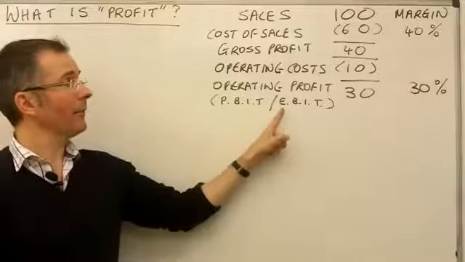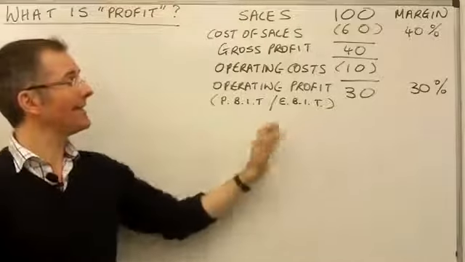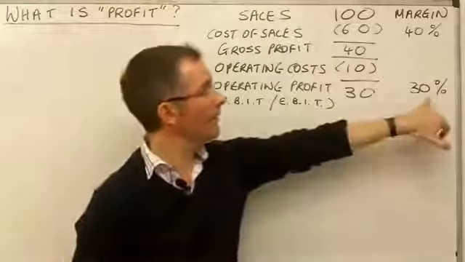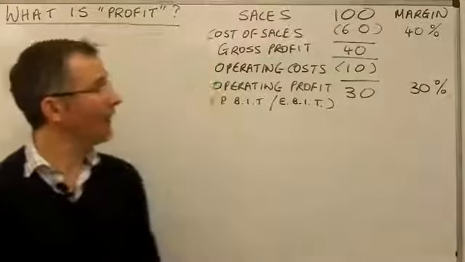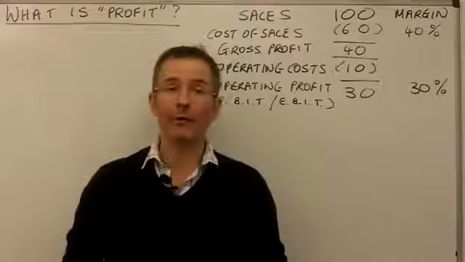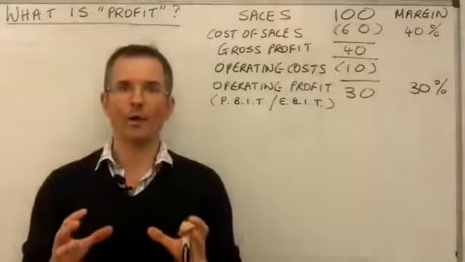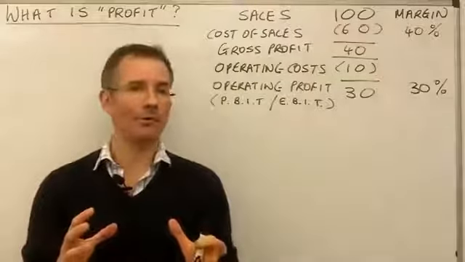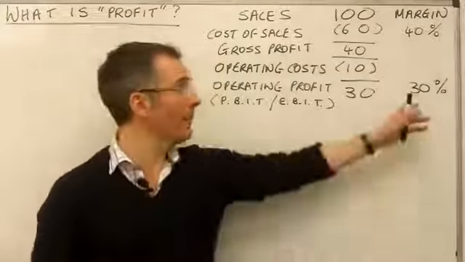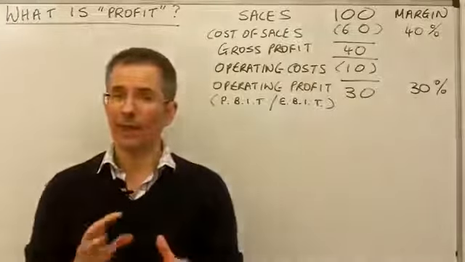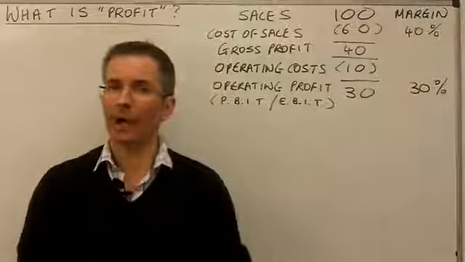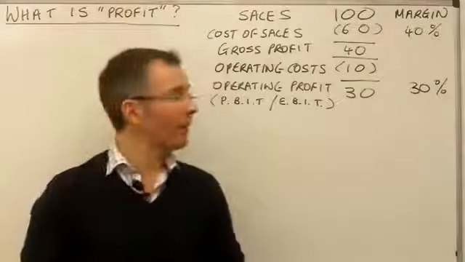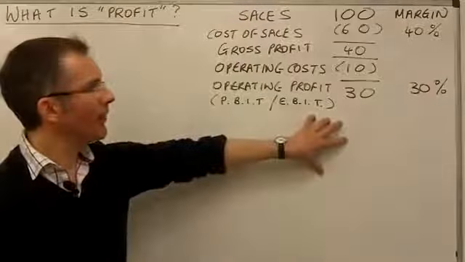Or earnings before interest and tax. So if an analyst says PBIT or EBIT, or the PBIT or EBIT margin, they mean this. So quite a useful figure. In the food retail sector, analysts watch that like a hawk. It would only be 5, 6, at a pinch 7%, so it's much lower than this number. And if it changes, analysts get very jumpy about what's going to happen to overall profitability for that kind of business. So that's a fairly key number, but it's not the end of the story.